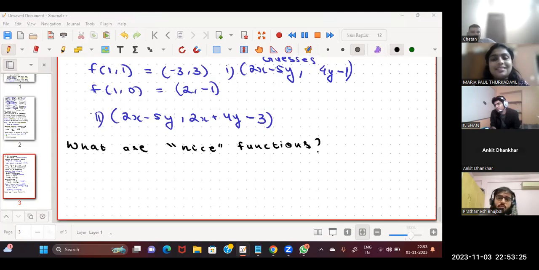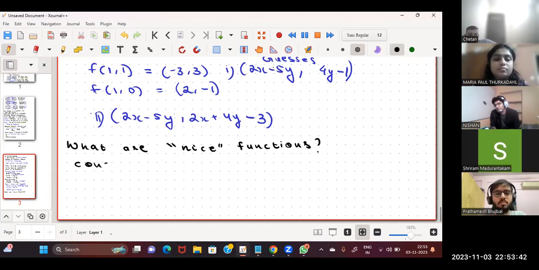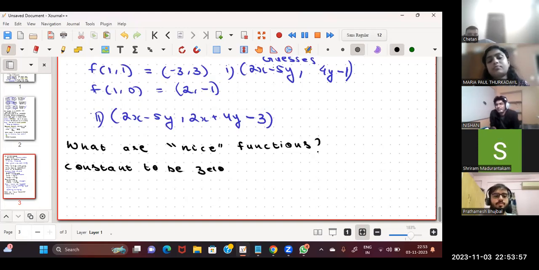That's right. So we don't have an example written here, but we consider nice functions as those functions which have the constant to be 0, passing through the origin. So we consider nice functions as those functions which are having the constant to be 0.